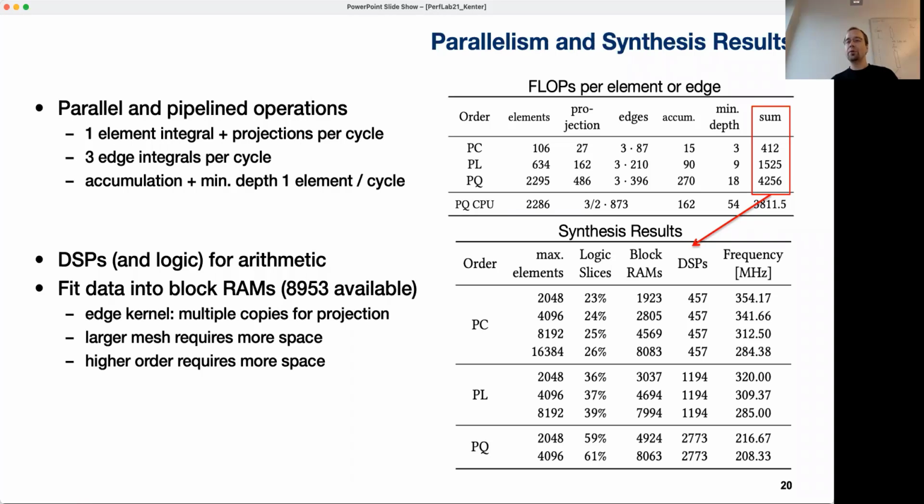Also important to point out, on the one hand, it's good that with higher polynomial order, the resource utilization in terms of DSP increases, but a side effect that you will typically see in practice when you start to fill the FPGA, the clock frequency of the final design goes down here from 350 megahertz to just more than 200 megahertz.